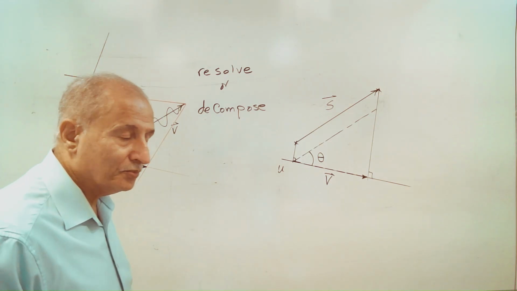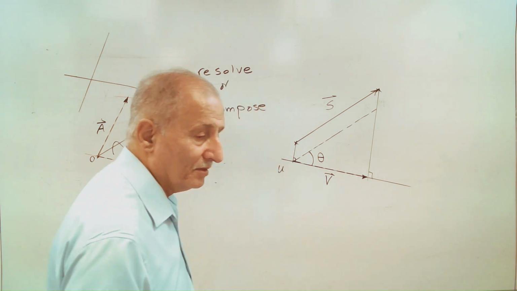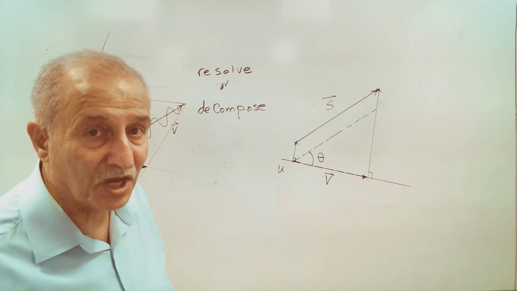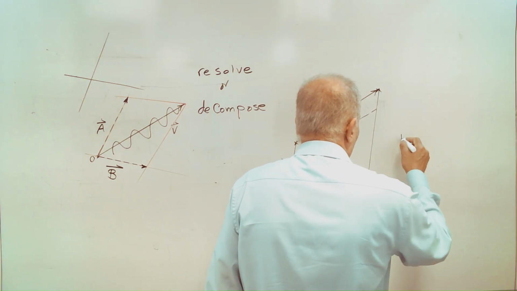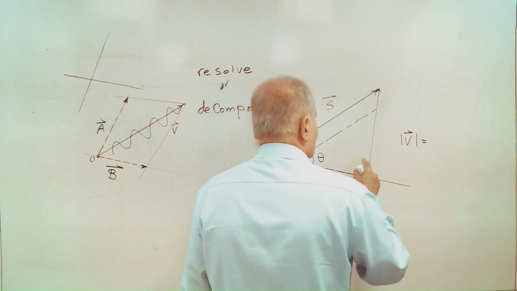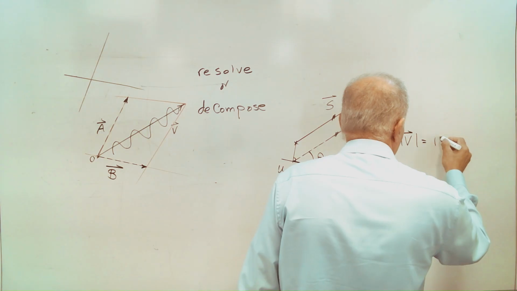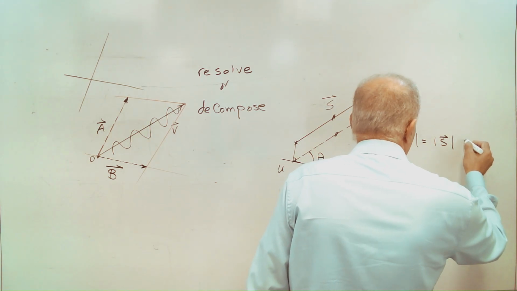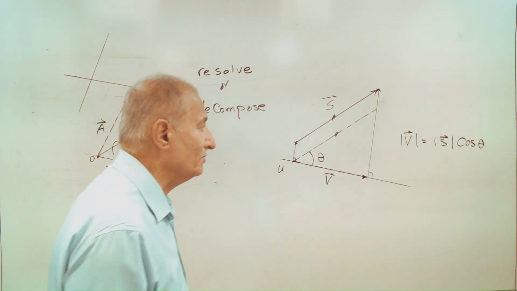We can prove that this length, from the definitions of sine and cosine in the triangle, is equal to the magnitude of S times cos of the angle between them, cos theta.